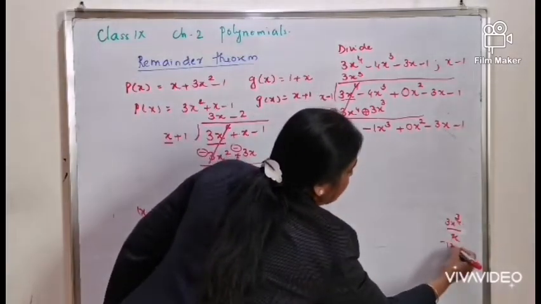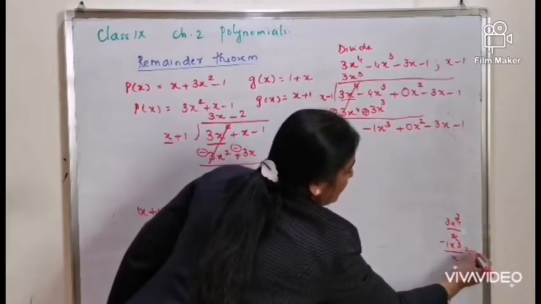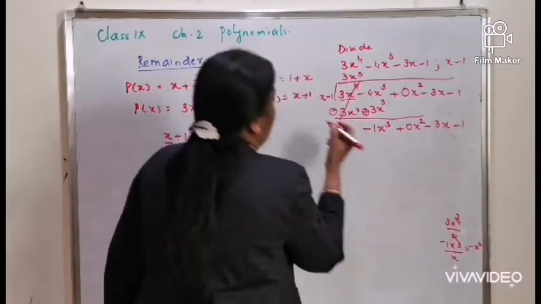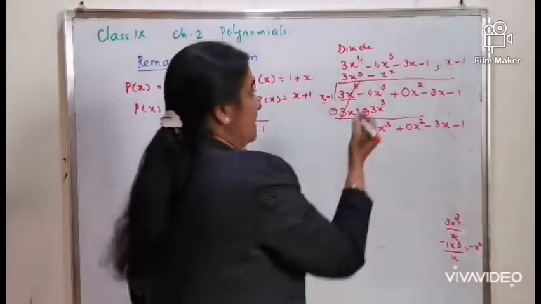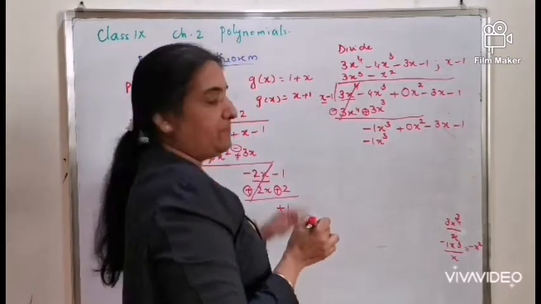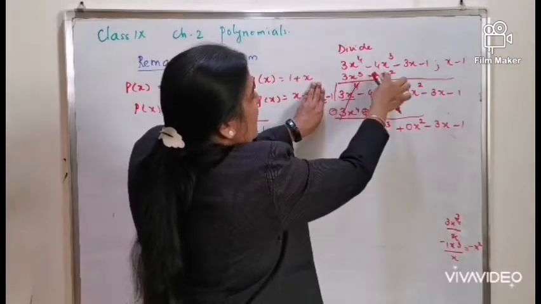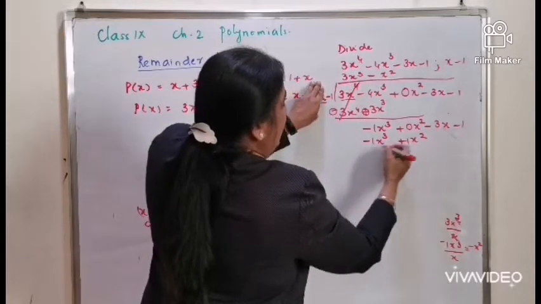Minus 1x cube divided by x is giving you minus x square. Minus x square into x, the first term you can write the same. Minus 1 into minus x square is giving you plus 1x square.